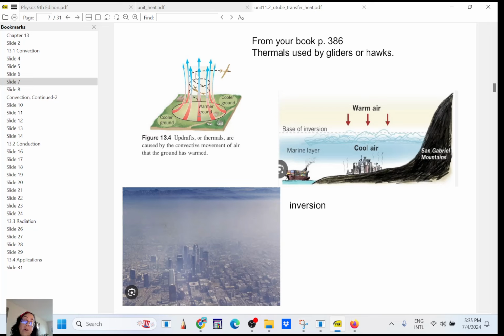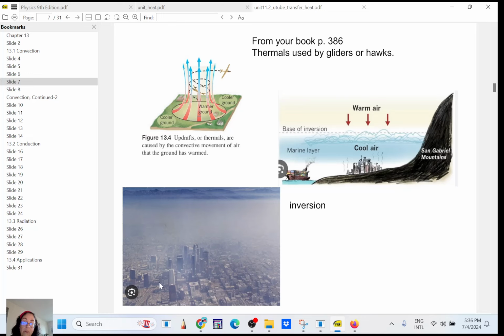And you have this upward motion. So these are called thermals or updrafts. Okay, so the air will rise. So gliders, they can take advantage of that to go up. And birds, they do the same thing, like hawks. So now usually the ground is warm and the top here is cool.